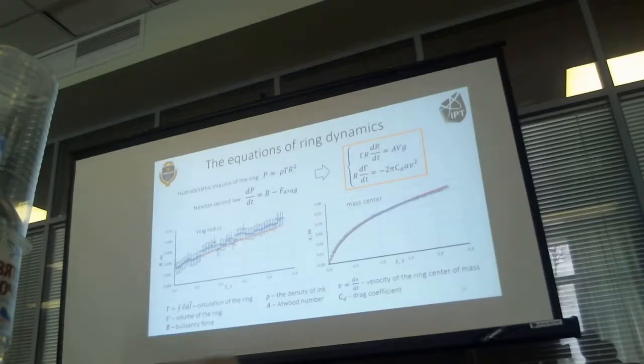We write Newton's second law and use Kelvin's theorem about circulation, that the circulation can be changed only by dissipative force. Then we can find the dynamics of the ring radius and the mass center. We have one fitting coefficient, the drag coefficient, and we got quite good agreement of theory with experiment.